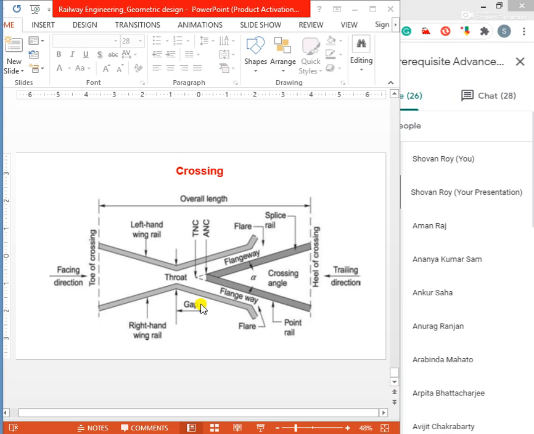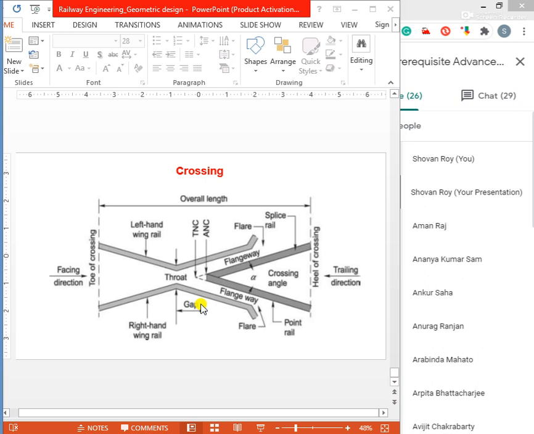Okay, F-R-O-G, frog. A crossing or frog is a device introduced at a point where two gauge faces cross each other to permit the flanges of a railway vehicle to pass from one track to another.